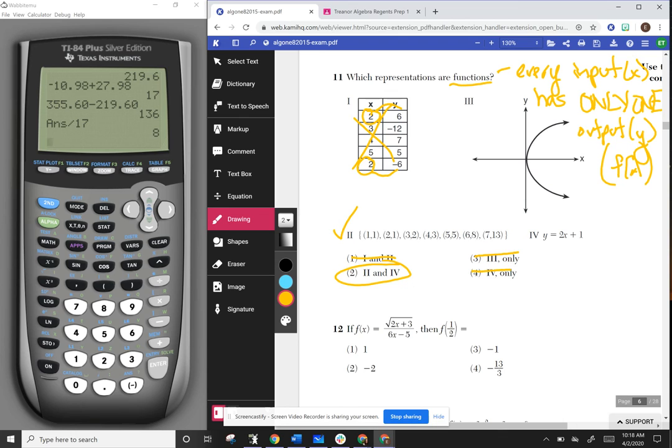Now, just to look at the other ones really quick, we know that 3 is not a function because it fails the vertical line test. The vertical line test says if you draw a vertical line through, it crosses our function twice, meaning that this is not a function.